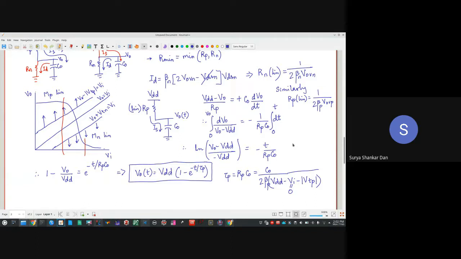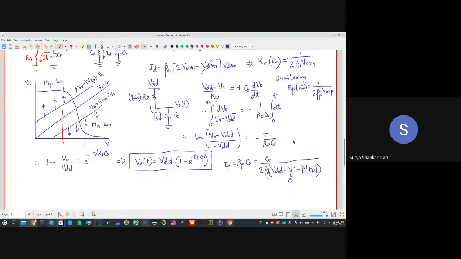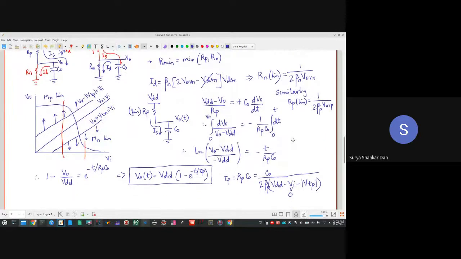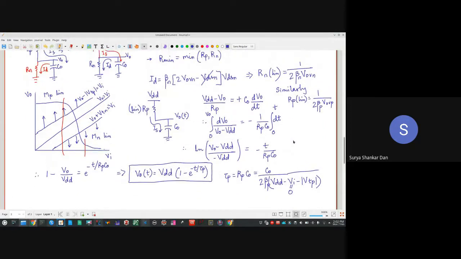Like tau p, tau n is exactly the same, right? Then in that case, where is the problem with this? Because it is an approximation, there must be some error, right? Some inaccuracy will be there. Where is that inaccuracy involved? Before that, you just think about it, those of you who are already understanding this clearly.